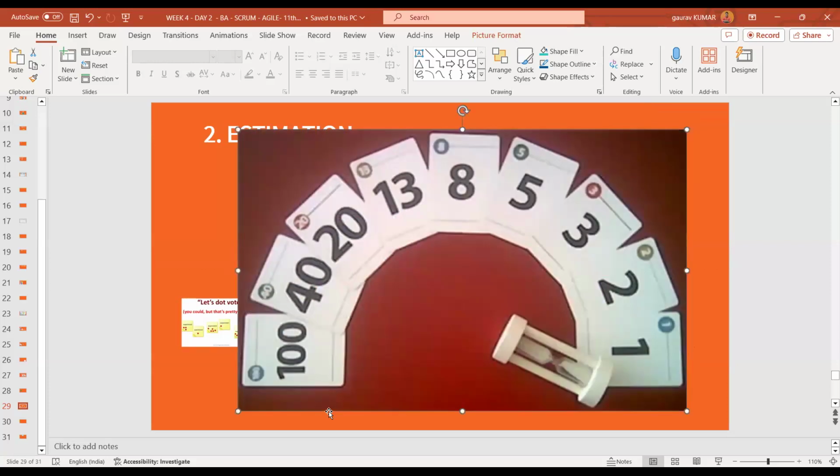What do we call it, everyone? Poker planning. Yeah, so in this technique, multiple team members are sitting together, and if you are in one room, literally you will have such cards.